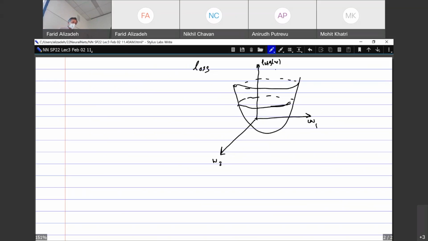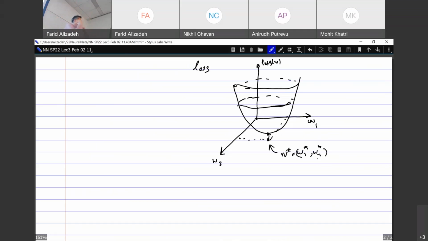And the idea here is to minimize this, to find the point such that the loss of W at that point is as small as possible. So we are seeking this point. Let's call this W star, which is actually W1 star, W2 star, the vector point. So we are seeking this point.